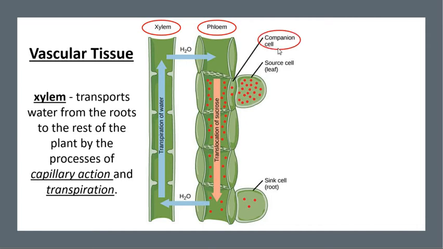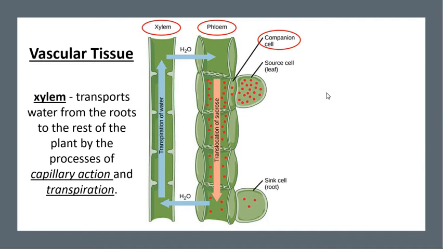Now, a companion cell is basically a cell that makes food and does all the chemical processes and things that a cell is supposed to do, and then gives it to the phloem. It says, here, you need this, and gives it over to it. Okay, so the phloem is taken care of by its companion.